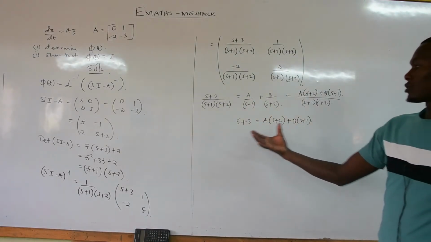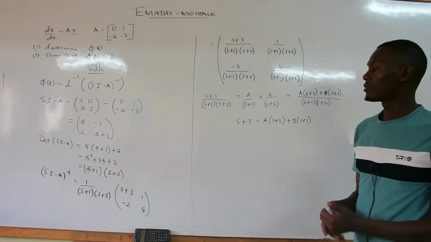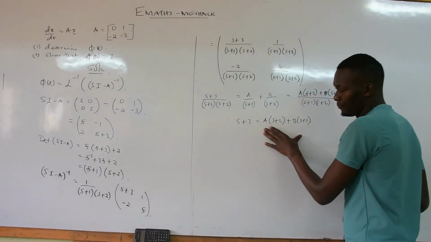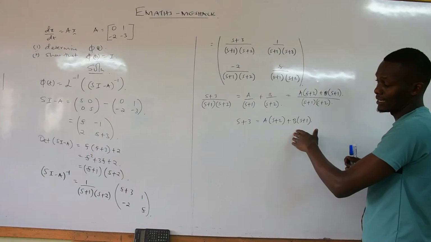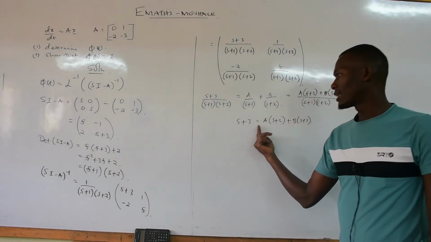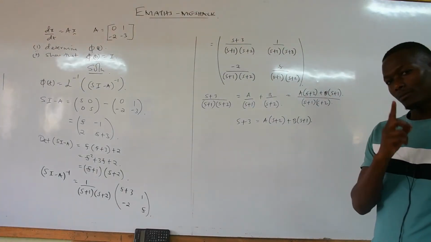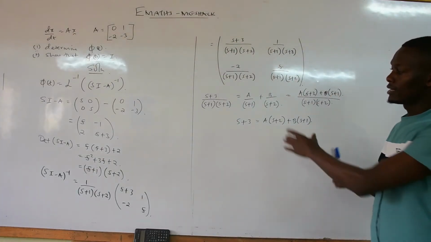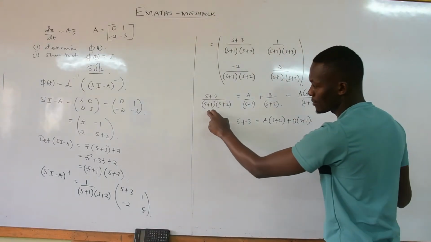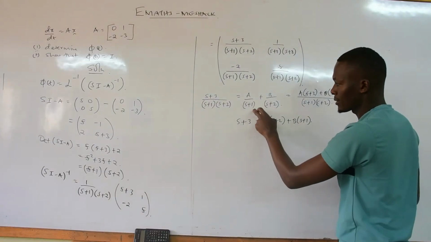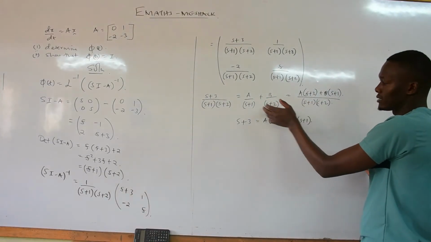Now we need to understand one drill here, and this will make it simpler. When you deal with the first one, the right hand side outcome for all of these partial fractions will be the same. So when you come to the second part, you have 1 over s plus 1, s plus 2, again a over s plus 1, b over s plus 2, again just simplify, again take the LCM.